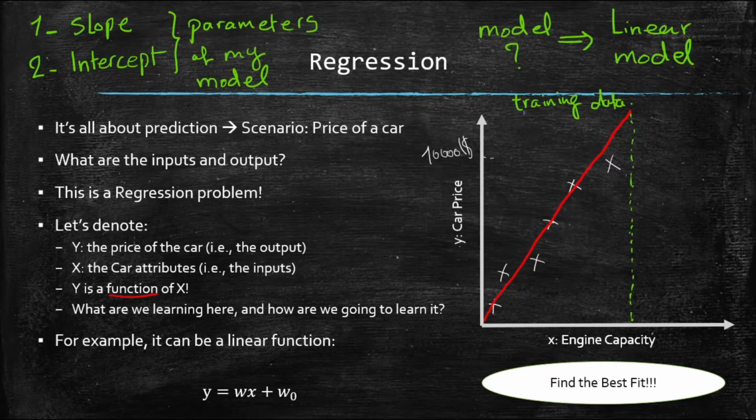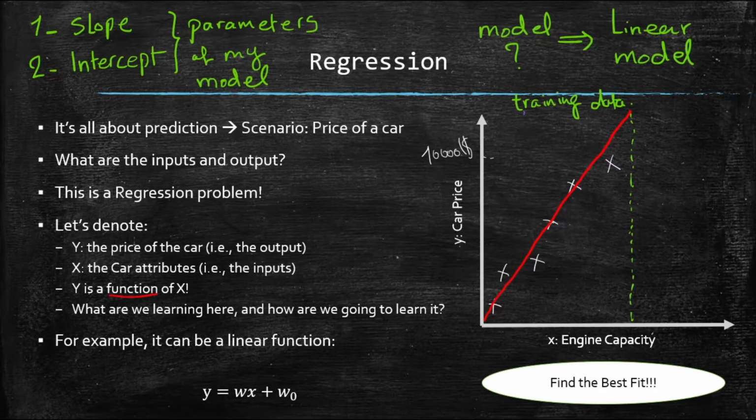So let me tell you something. Whenever we're dealing with machine learning and trying to learn a model, basically we're trying to learn the parameters of that model, right? So in this case, if we're assuming that our model is a linear model, it means that it has only and only 2 parameters, the slope and the intercept. So in this formula right here, y equals wx plus w0, x is my input and y is the output, right?